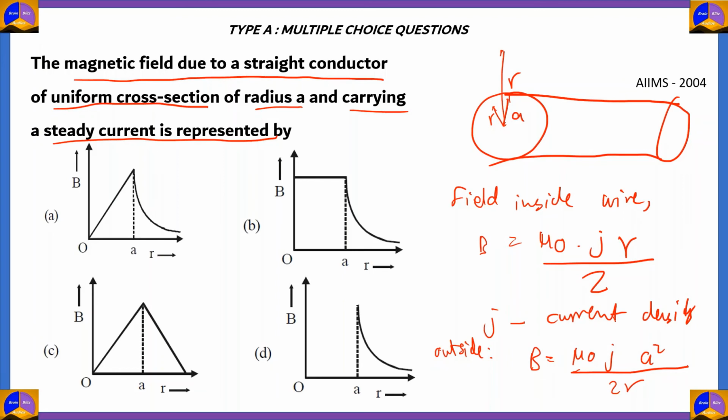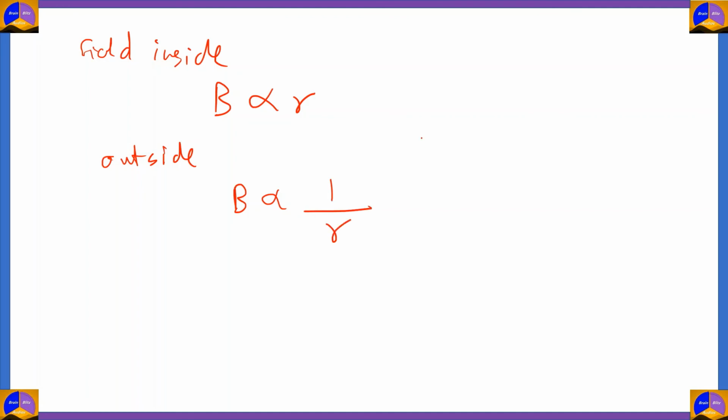These two formulas are obtained from Ampere's circuital law using J, that is current density. So for the field inside the wire, B is proportional to the distance of the point, which is B is proportional to r. But once the point goes outside the wire, then B is inversely proportional to r.